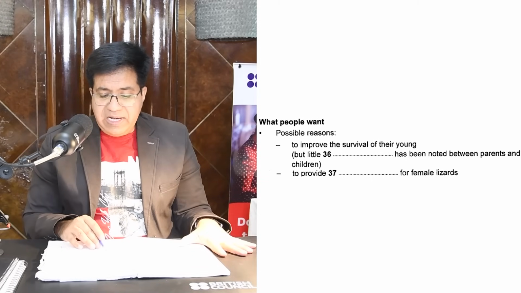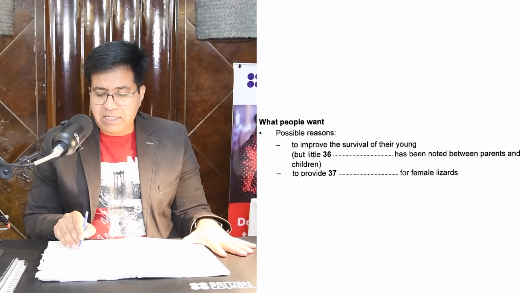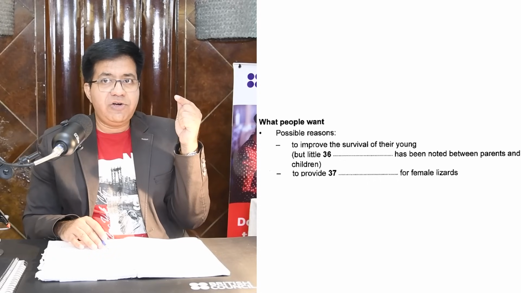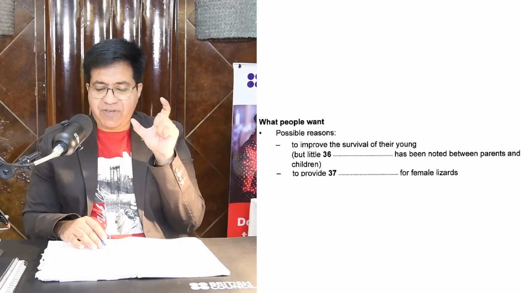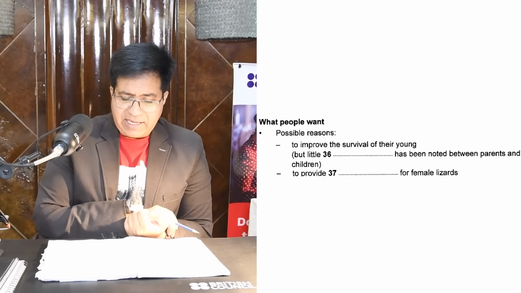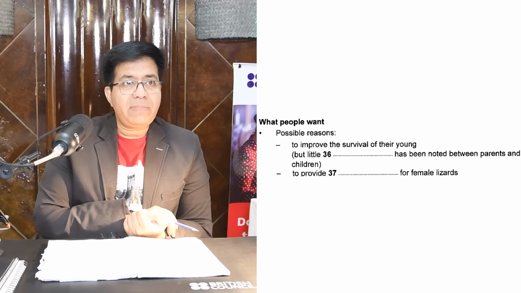So, but little dash has been noted between parents and children. Little what? In order to keep the survival of children, they do something which is very little. Okay, little dash. For little, again, they can use the words hardly any. Little or hardly any something.